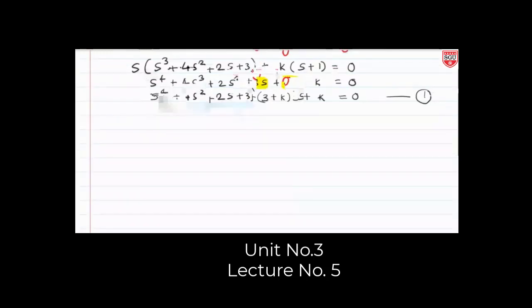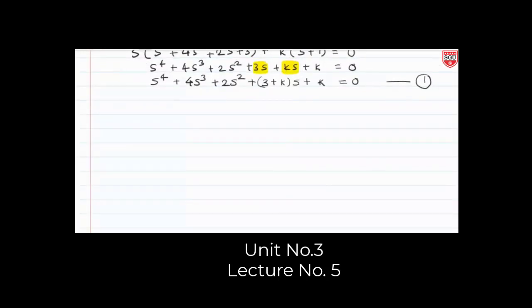Beginning with that, tell me what is the first element of row 1. We have s raised to 4 here. What are the elements of row number 1? 1, 2 and k.